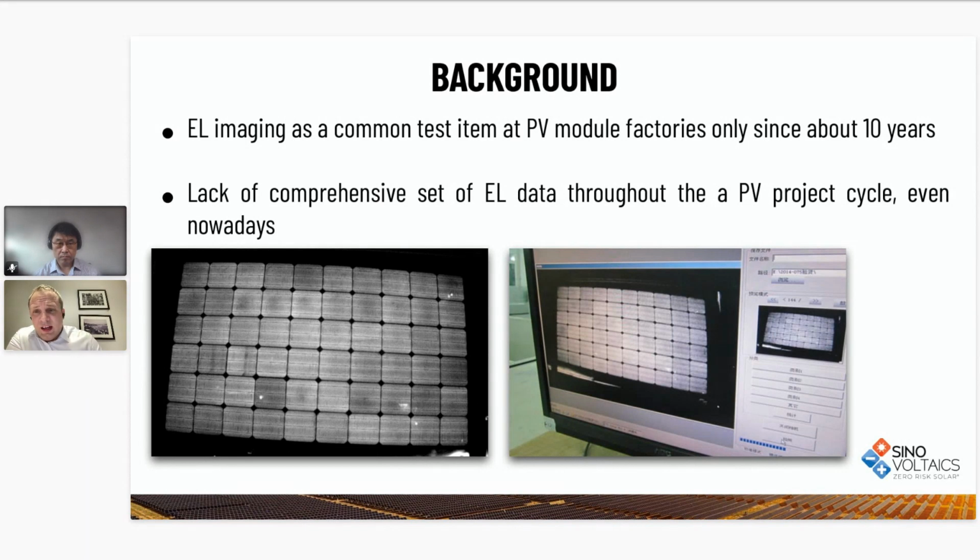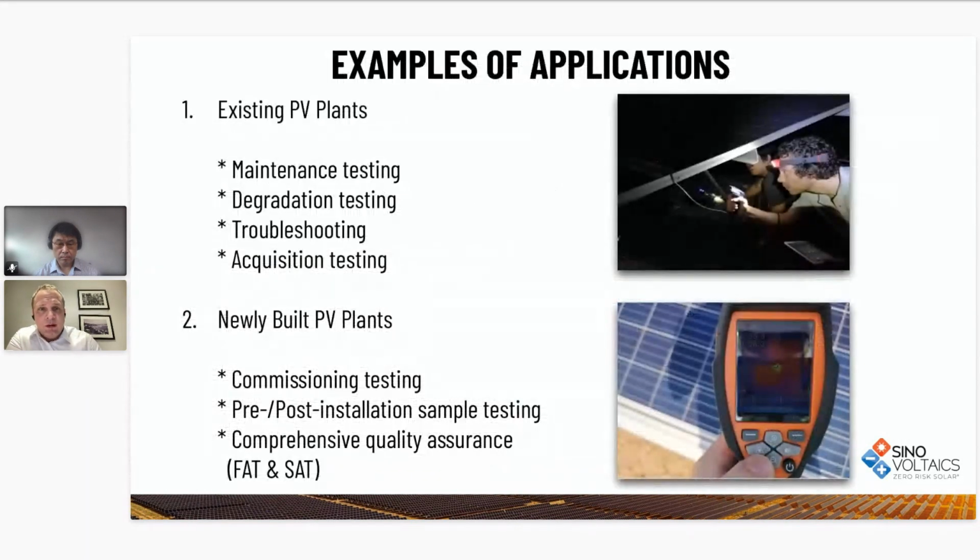So this brings us to the topic of why we do on-site EL imaging. Common examples of applications for on-site EL imaging at power plants include, for existing plants, maintenance and degradation testing, and troubleshooting testing when some issues have been identified and operators want to find out what exactly they are.